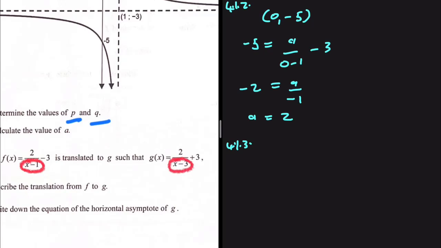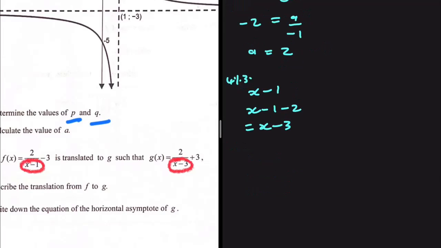So when it comes to the x values, x minus shifts the graph to the right and x plus shifts the graph to the left. We had x minus 1, and in g of x we have x minus 1 minus 2, which is just x minus 3. So we have moved 2 units to the right. We can write it down as moving 2 units to the right.